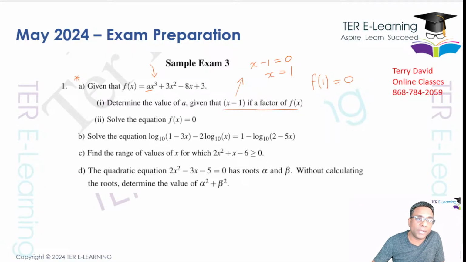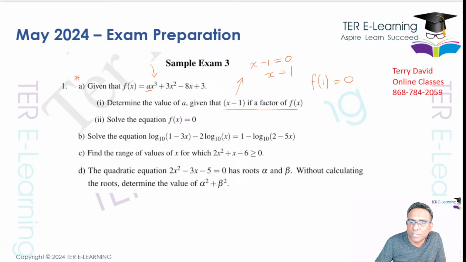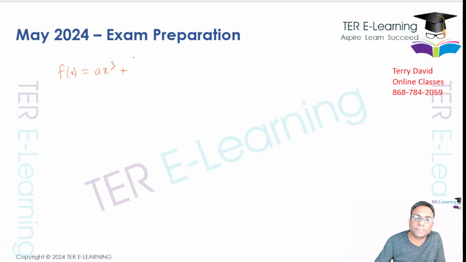For this part 1, the function is ax cubed plus 3x squared minus 8x plus 3, and we know that f of 1 has to be equal to 0.